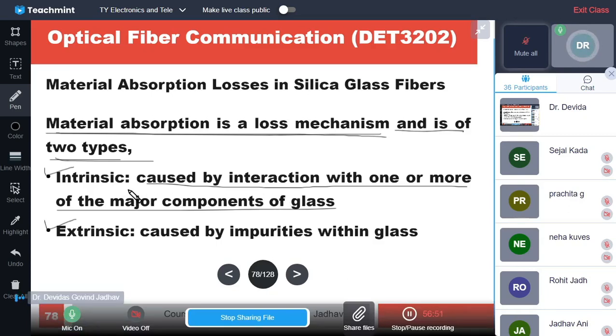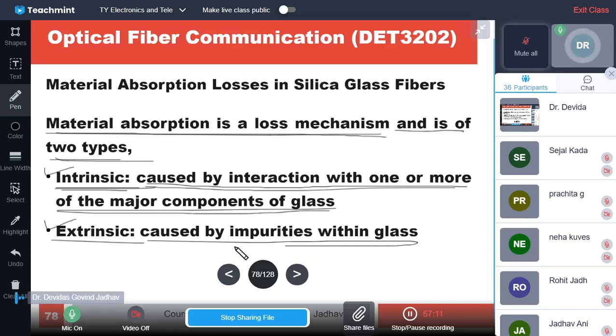So in the case of intrinsic, it is caused by interaction with one or more major components of the glass. A component of the glass itself interacts with the photon. In the extrinsic case, it is caused by impurities within the glass. It is due to one or more components of the glass, intrinsic, and impurity, extrinsic.